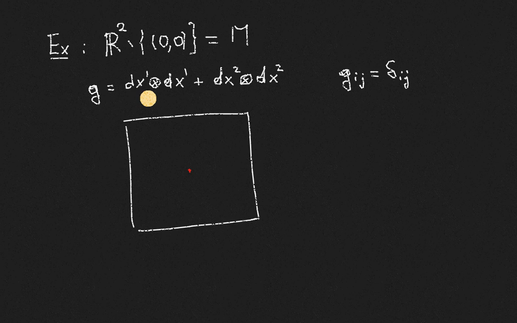Now, suppose you want to go from P to Q, which are such that the line between P and Q meets the origin. Now, the distance between P and Q will be just the Euclidean distance in R2 from P to Q, but the infimum is really an infimum, it's not a minimum.